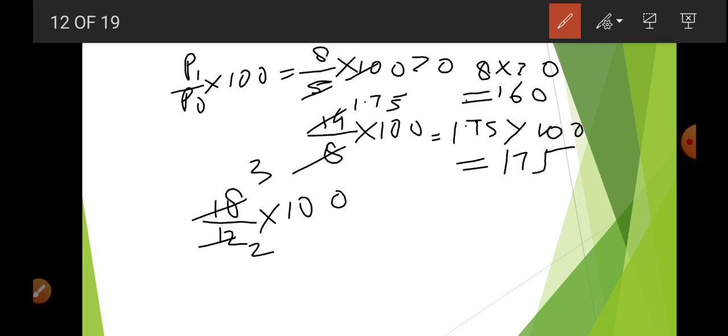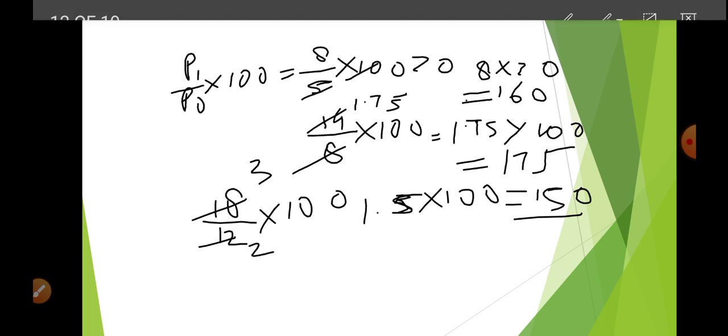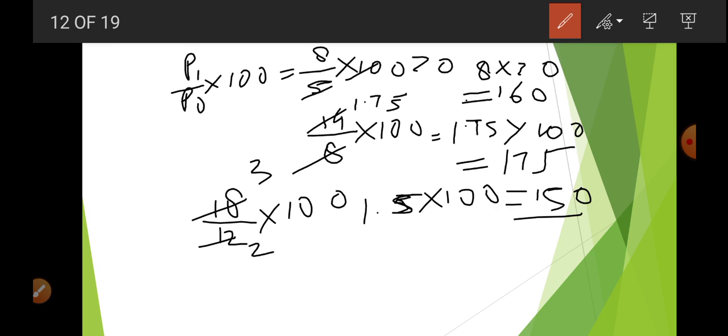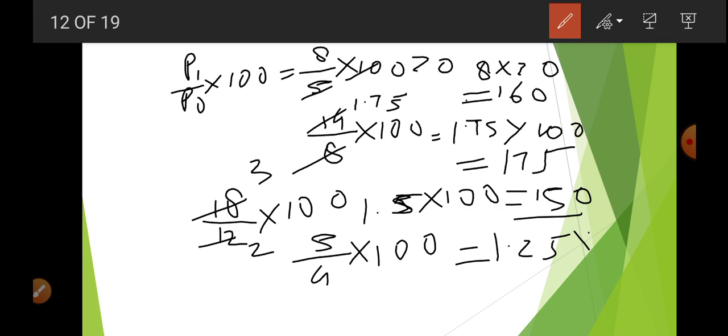When we continue it, we get 1.5 multiplied by 100, so 150. So this is the next PR. Now for the next series, the prices are 4 and 5. So P1 is 5, P0 is 4 multiplied by 100. When we divide it, we get 1.25 multiplied by 100. So this way 125.